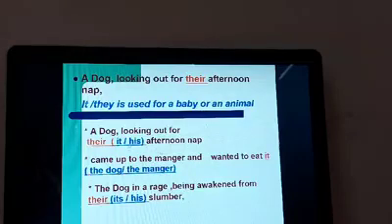Both are correct. If you are using "it", you have to continue the whole paragraph with "it", using it everywhere. And if you are using "his", you have to continue your whole paragraph using "his". So both of them are correct. But if you use the two together, it will be a mistake. And if you are using "it" somewhere and "his" in some other place, it will also be a mistake.